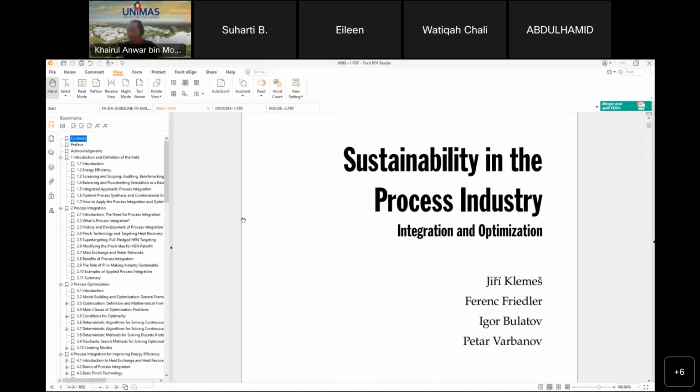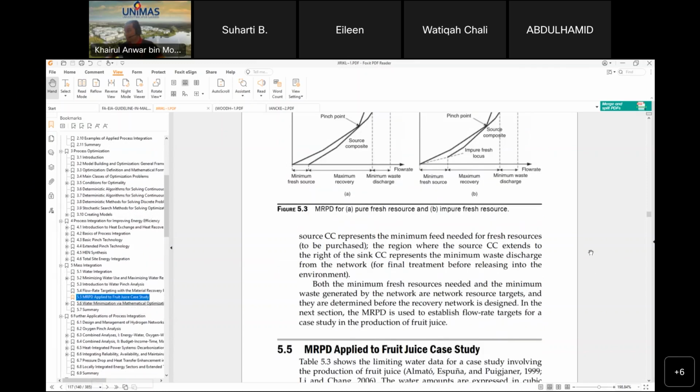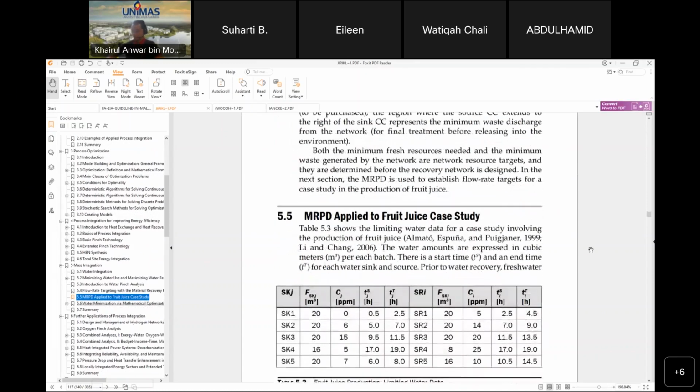Okay. Sustainability in the process industry, chapter 5, page 117. I'm not sure if I have, share with you guys this book.